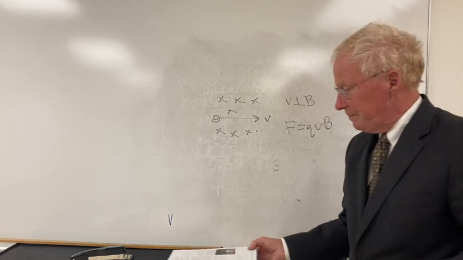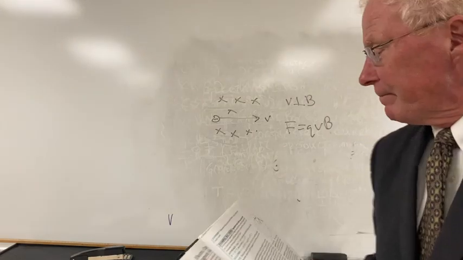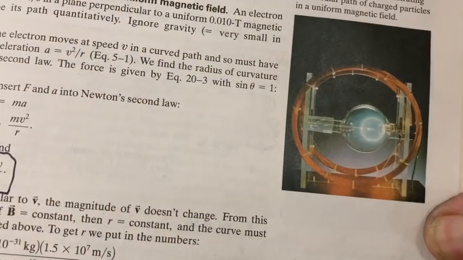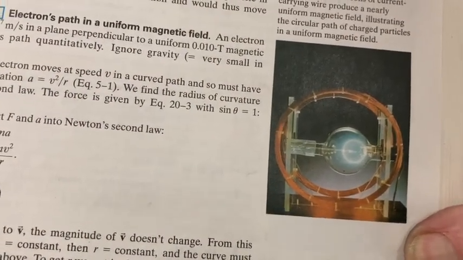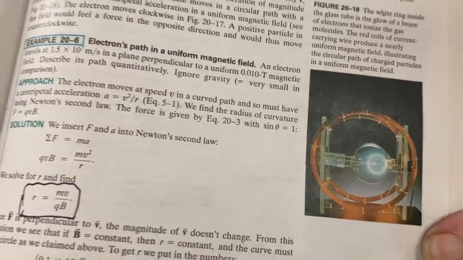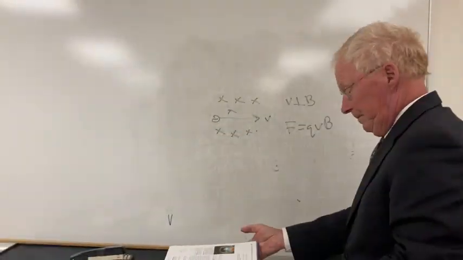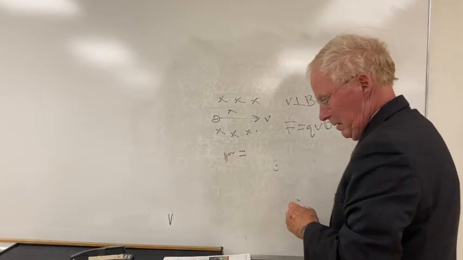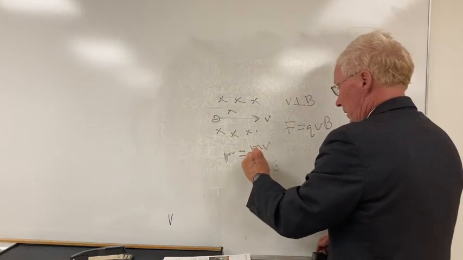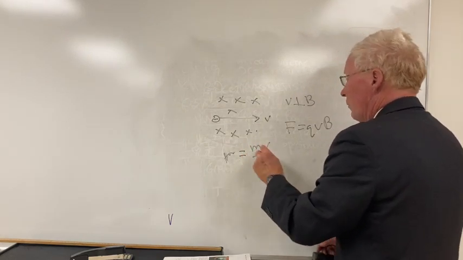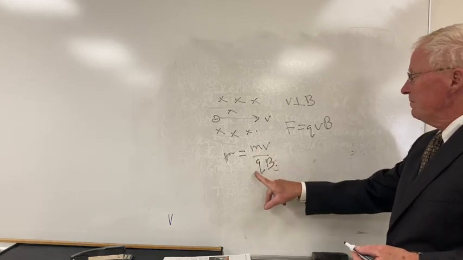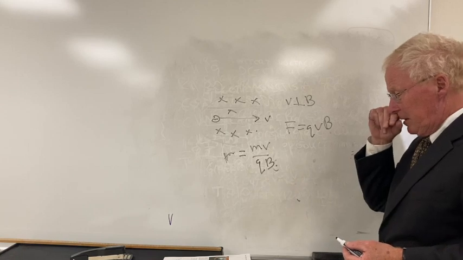Okay, and then the example with the lab, magnetic fields. When you have a charge moving in a perpendicular magnetic field, it moves in a circle given by the radius mv over qB, where m is the mass of the moving charge, v is the speed it's moving, q is the charge of it, and B is the size of the magnetic field.